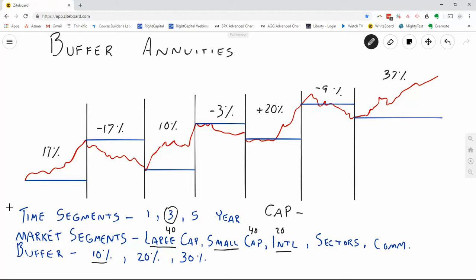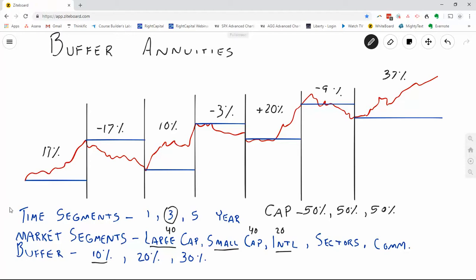Let's say that the large cap over a 3-year time period will credit up to 50% growth over the 3 years. Let's say the small cap will do the same. And let's say that the international will do the same, just for easy tracking.